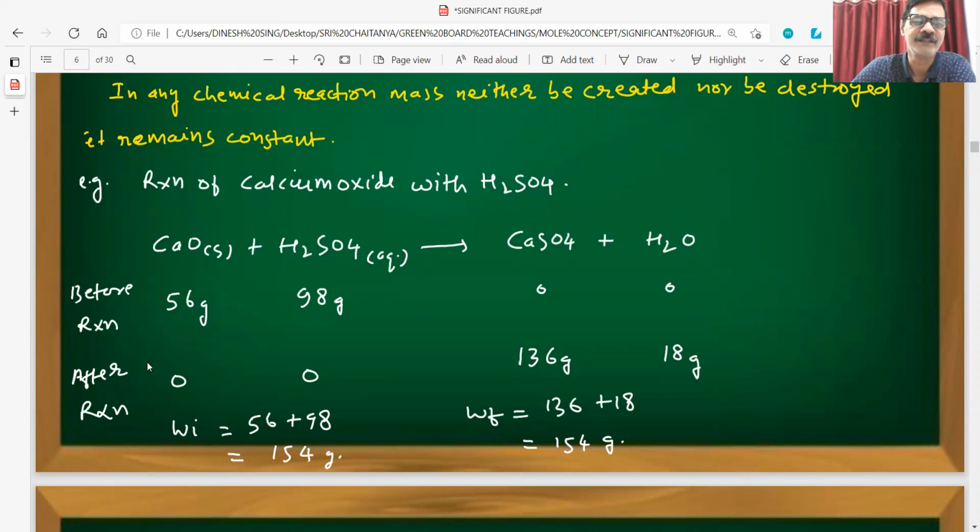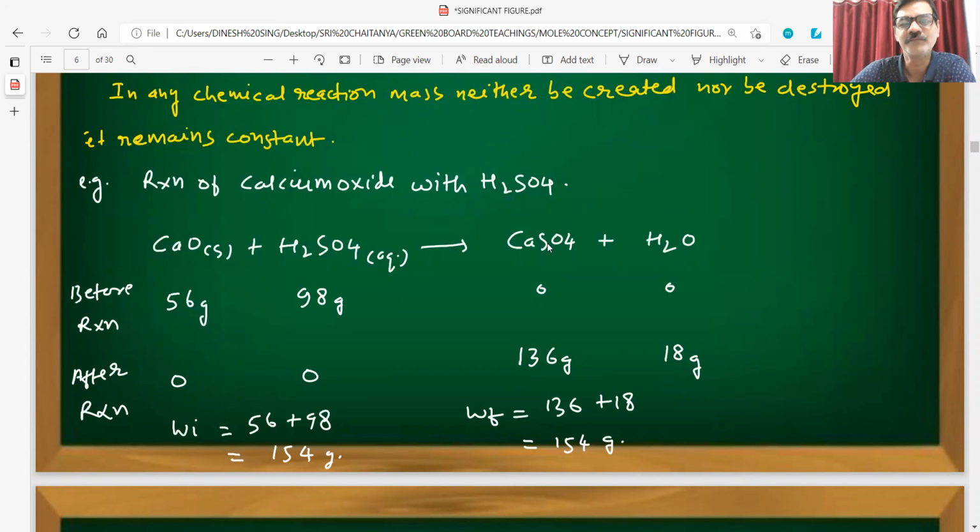And after the reaction, how much calcium sulfate will form? That is 1 mole of calcium sulfate, so its mass will be how much? 136 gram. And 1 mole of H2O will be how much? 18 gram.